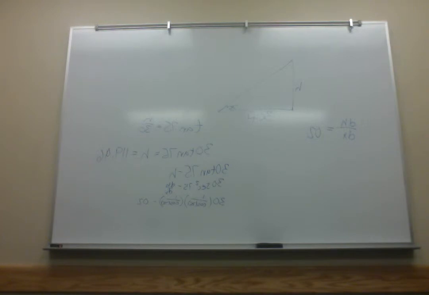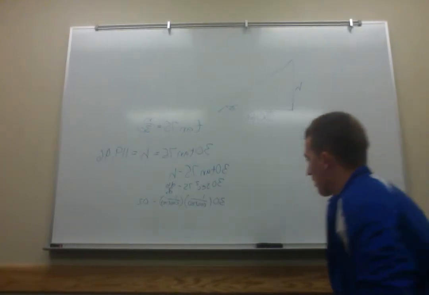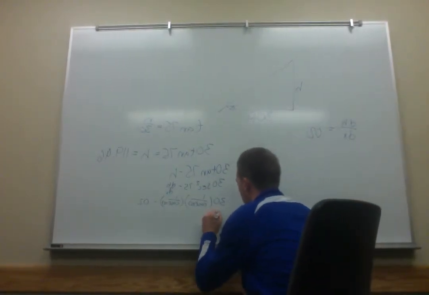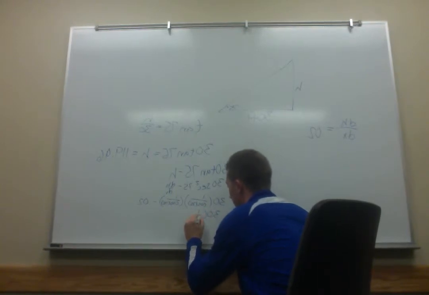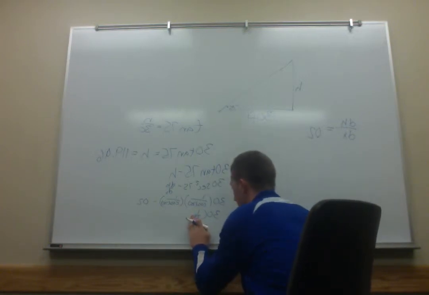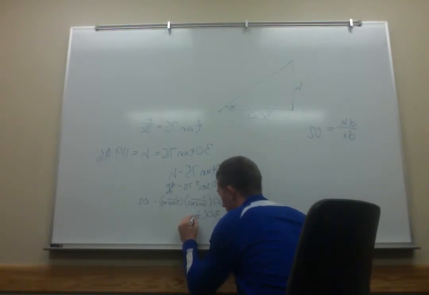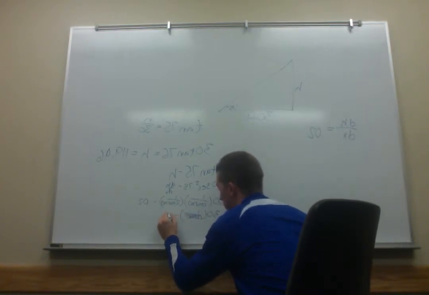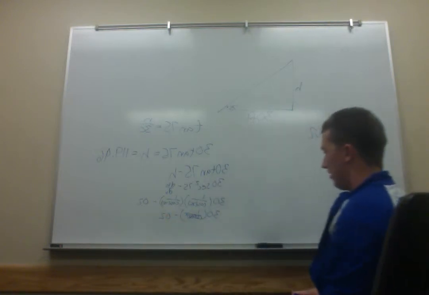Because cosine 75, I got 0.2588. Now I squared that. So what I did was 30 times 1 over 0.2588, and I squared that.